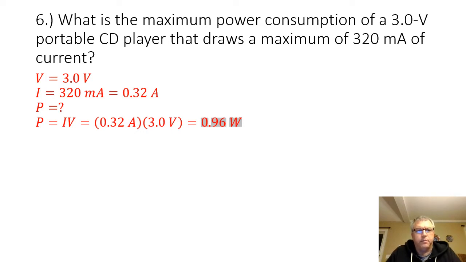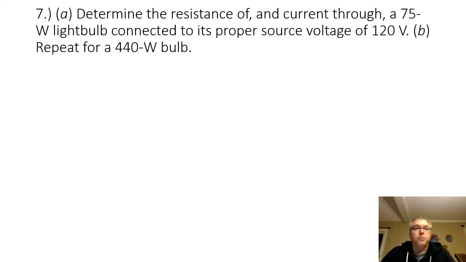We know that the power is equal to the current times the voltage, P equals IV. So 0.32 amps times 3 volts should give us 0.96 watts.